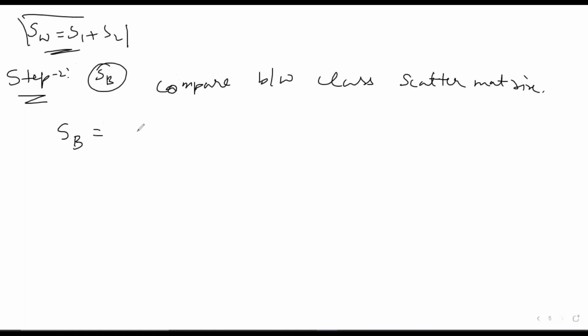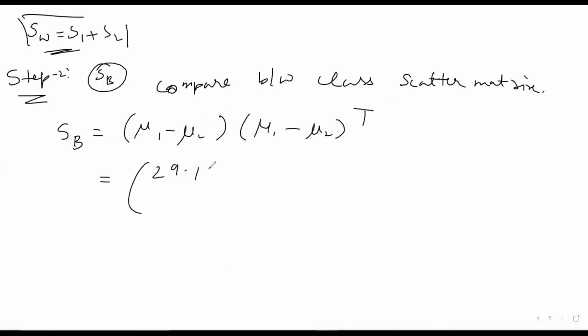So the formula will be the same again, mu1 minus mu2 and mu1 minus mu2 whole transpose. If you calculate it with the same data set in a similar way by taking the mean of all the data points from the first set and the second set, you will finally get some values, something like this.